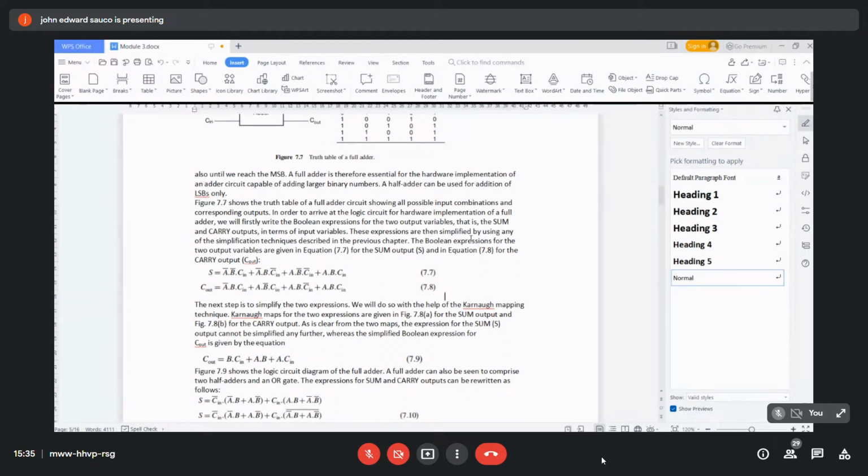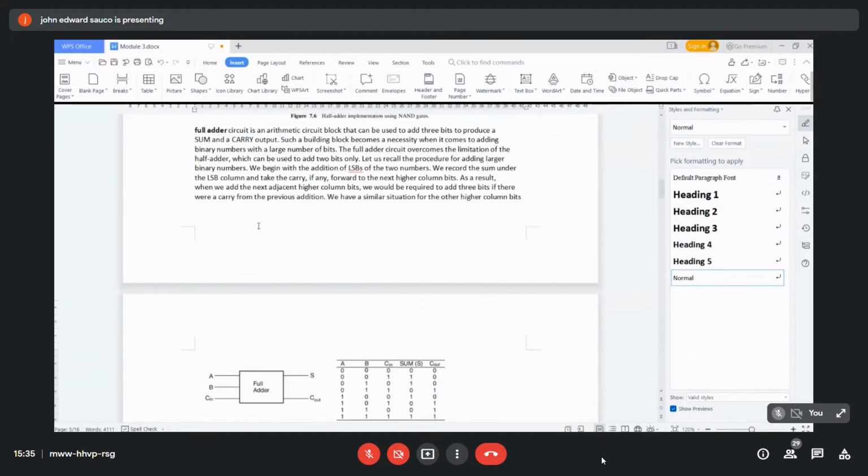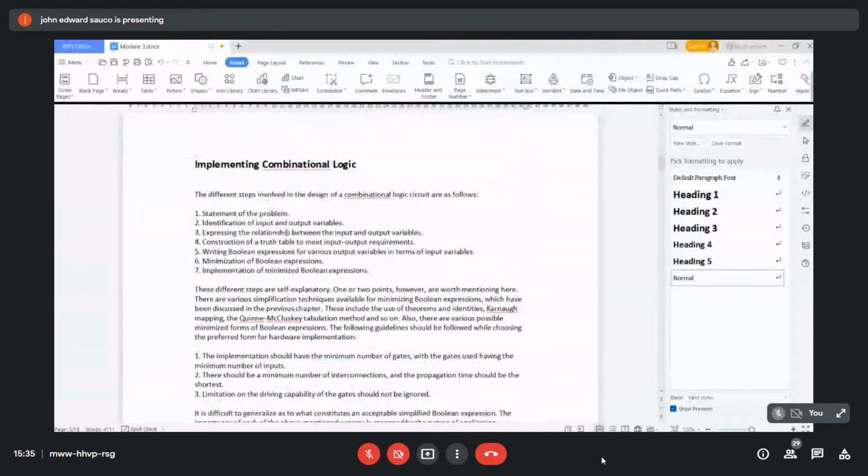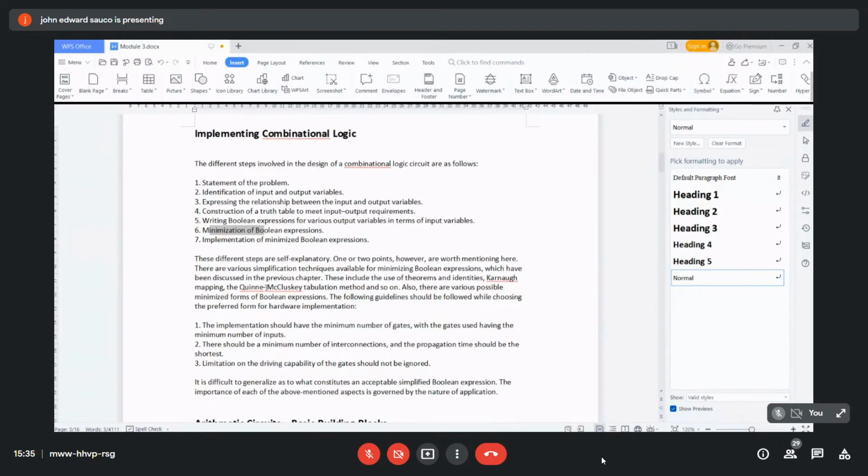So, this expression is then simplified by using a simplification technique. Okay, so that is what we implement in this step. Because in this step, we construct the truth table. We already have it. Write the Boolean expression. Then, minimization of the Boolean expression.